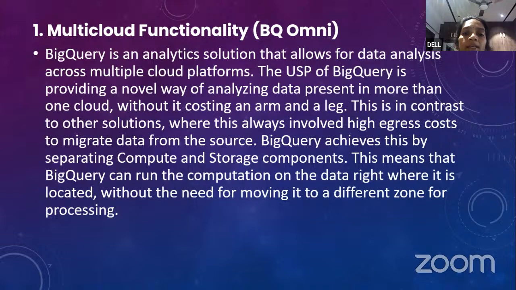It is a way of analyzing data present in more than one cloud without costing an arm and a leg. This is in contrast to other solutions, where it always involves high cost to migrate data from one source to another. BigQuery achieves this by separating compute and storage components. This means BigQuery can run the computation on the data right where it is located, without the need to move it to a different zone for processing.